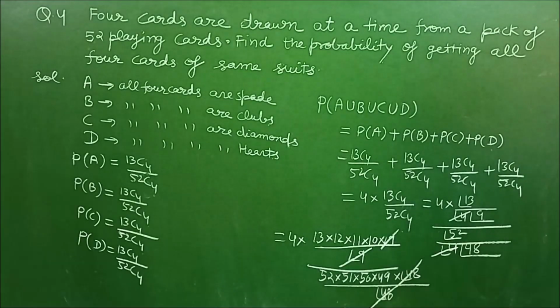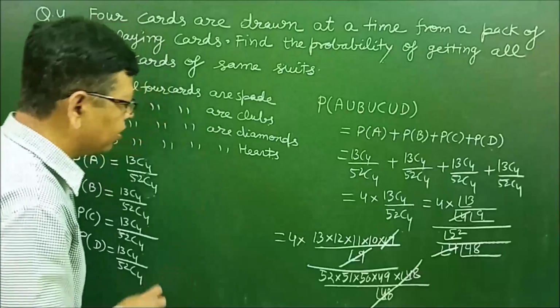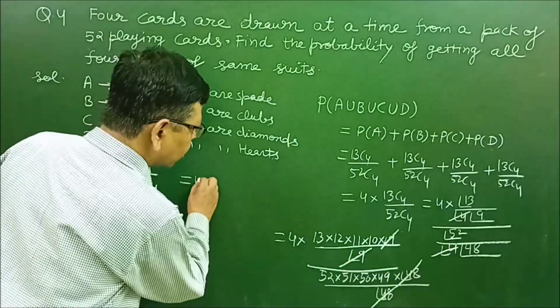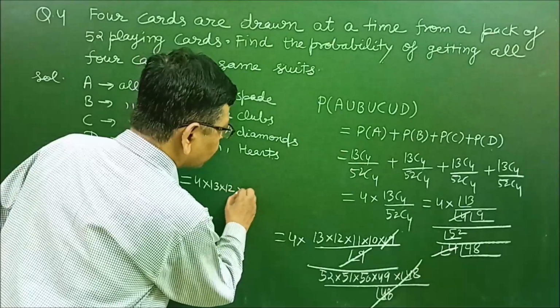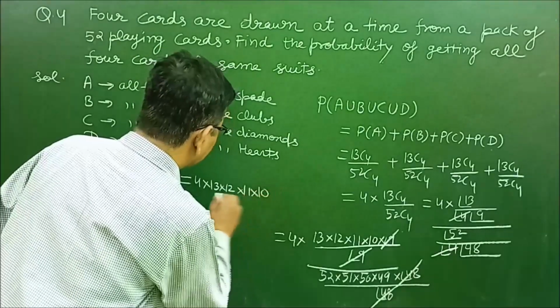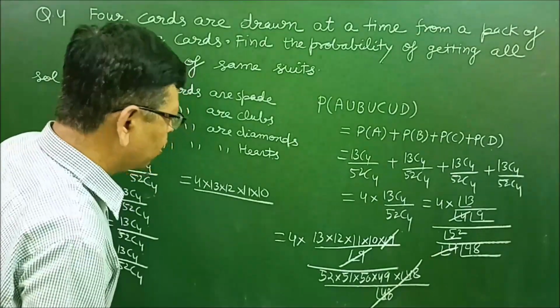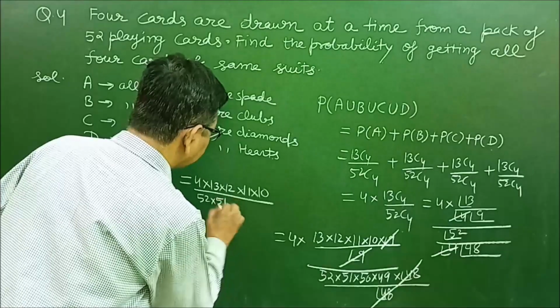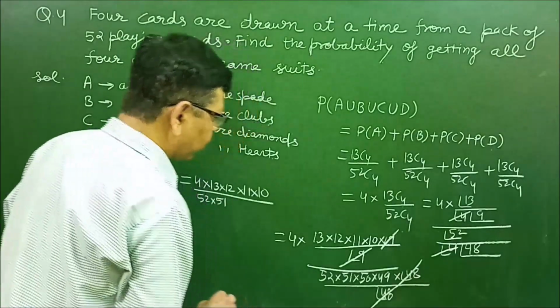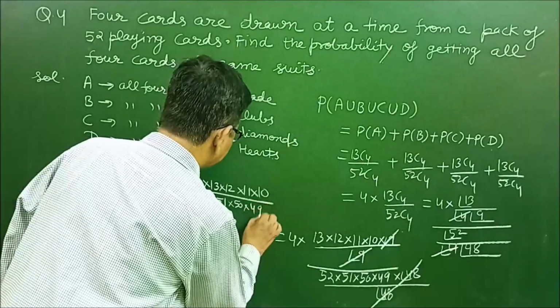Now let us simplify these values. If we simplify these values, we get 4 into 13 into 12 into 11 into 10 divided by 52 into 51 into 50 into 49.